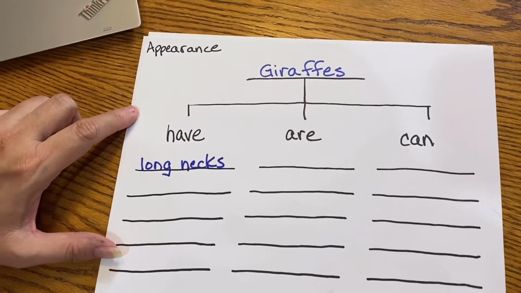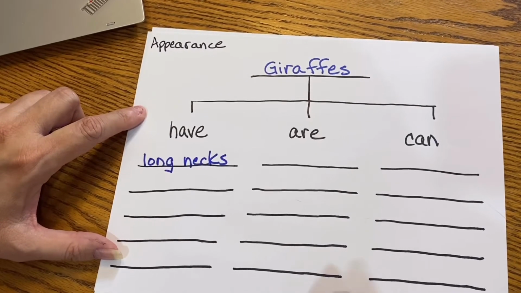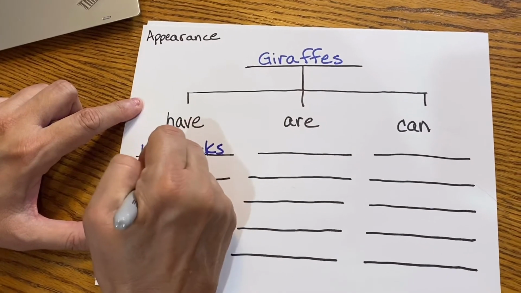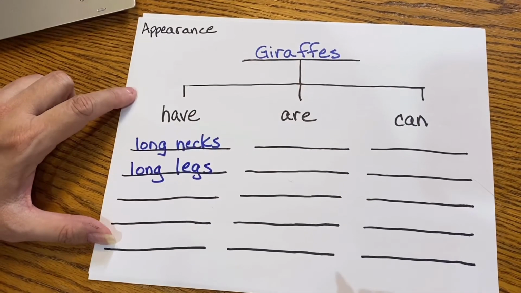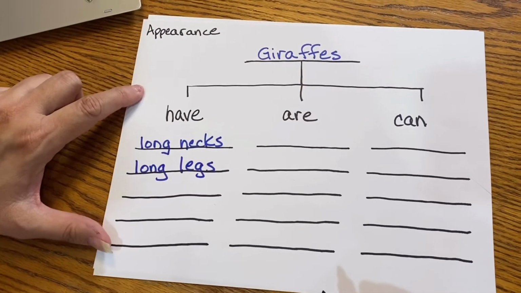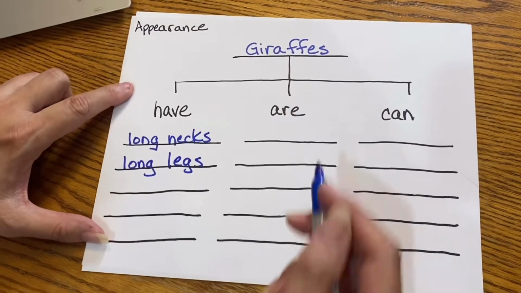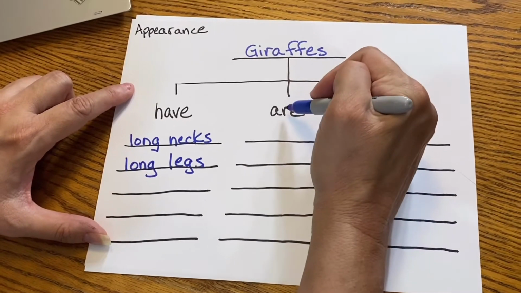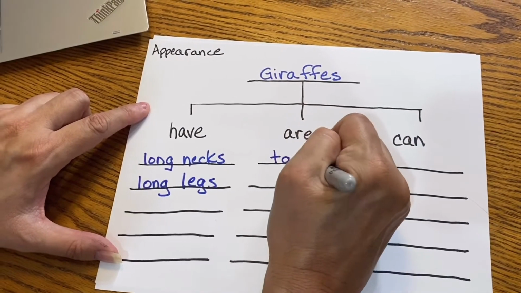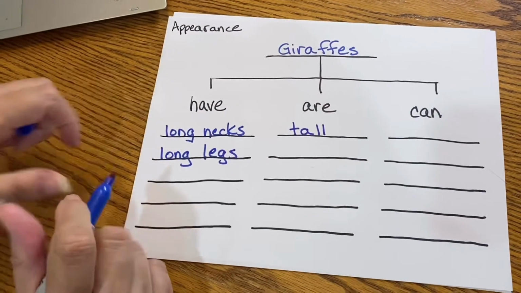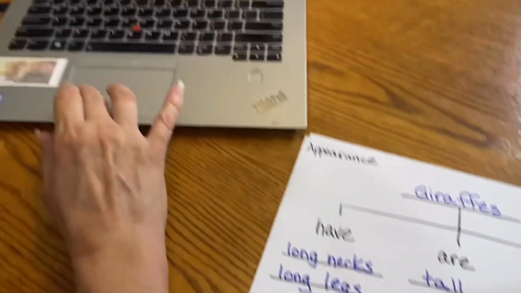It also says that giraffes have long legs, so we can put long legs here. Then it said that giraffes are tall mammals. So here where we have giraffes are, we can put that they are tall. So we've already found 3 facts about giraffes on the first 2 pages of this book.